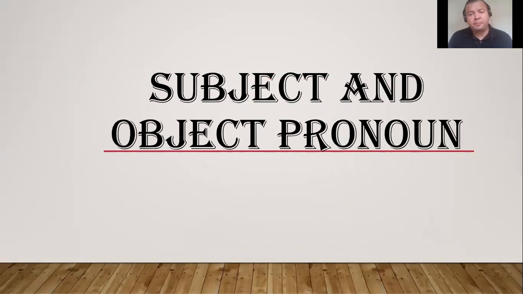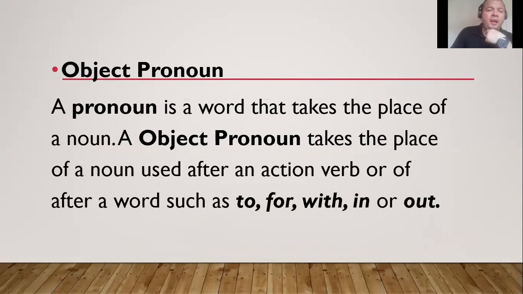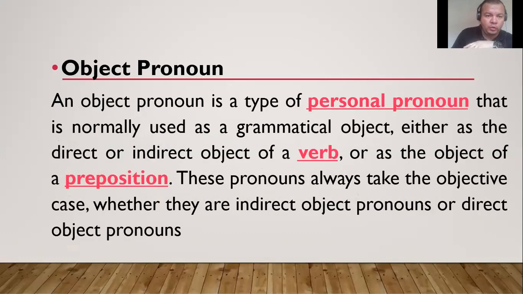Subject and object pronoun. To remember, the definition of a pronoun is a word that takes the place of a noun. And an object pronoun takes the place of a noun used after an action verb or after a word such as to, for, with, in, or out.